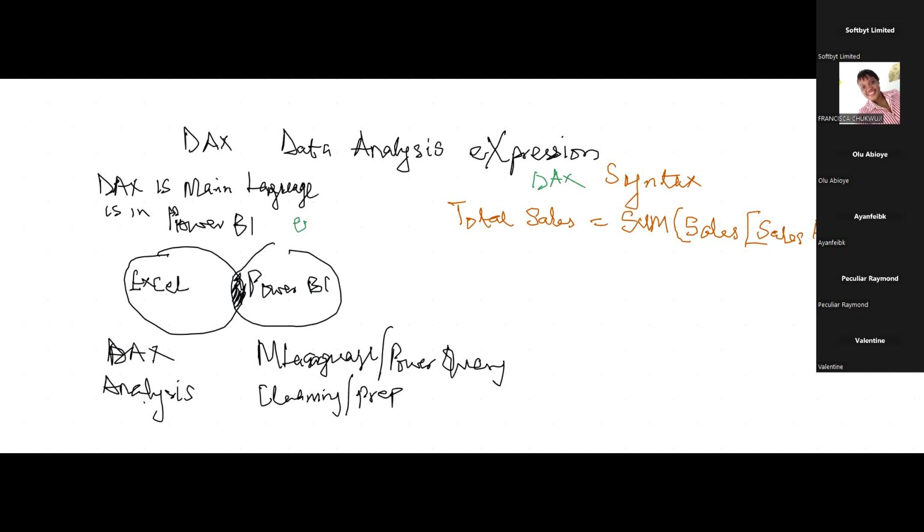And I will tell you what a measure is shortly. So this is the name of the measure, or the calculation you're making. Name of measure. First, you know what this is equal to. This is the DAX function that will help you do the calculation.